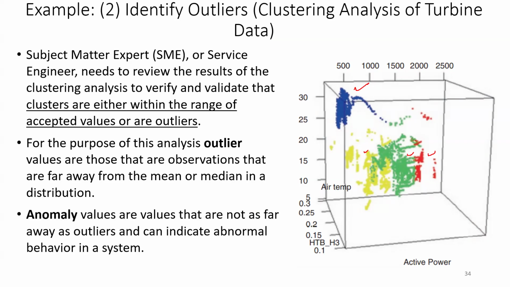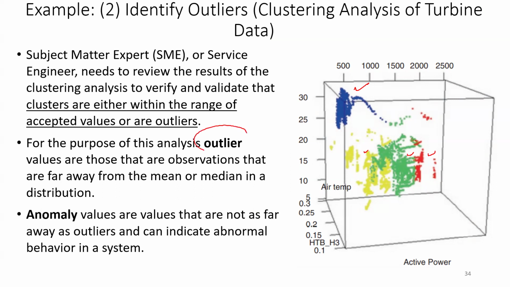In this context, outliers are extreme values that lie far from the expected mean or median. Anomalies, on the other hand, may not be as far off but can still indicate early signs.